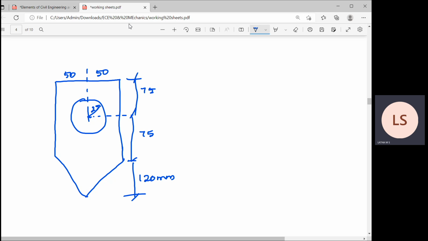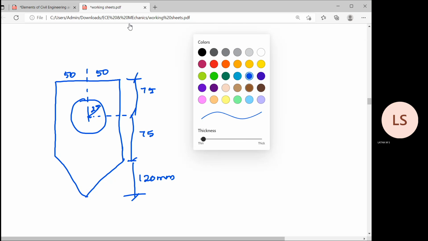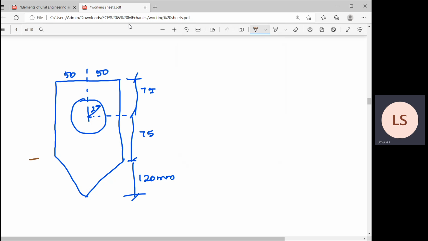Okay. They have asked about the axis xx. The x-axis is located at the place where it connects the triangle and the rectangle, right? In common problems of moment of inertia, usually the axis will not be defined.